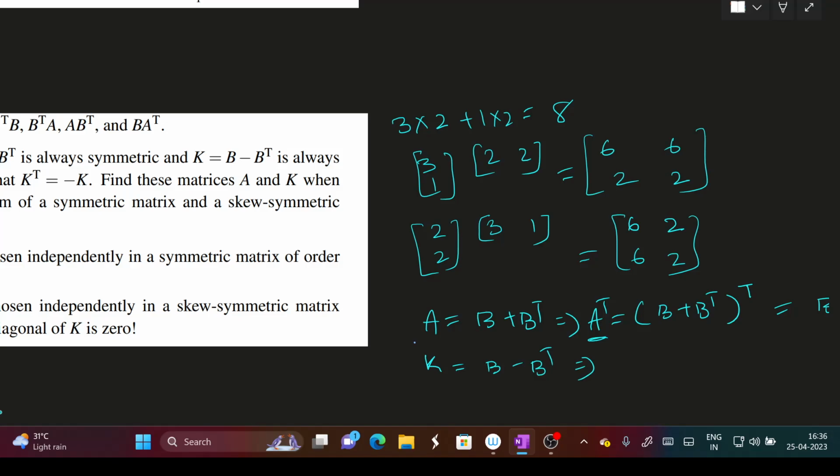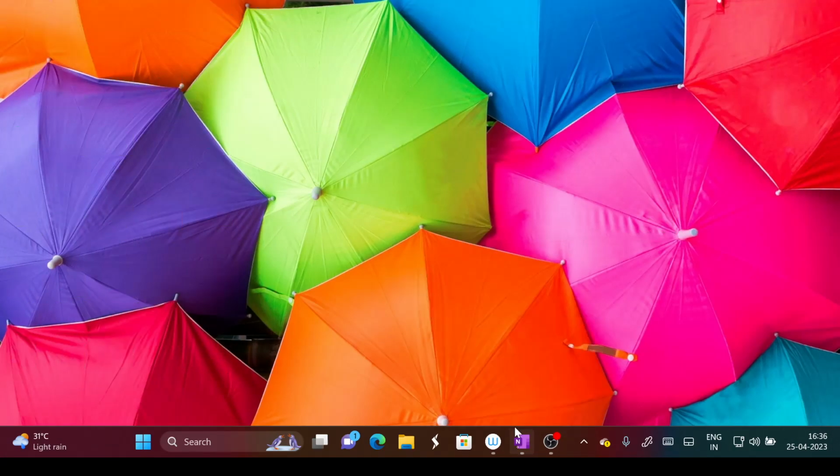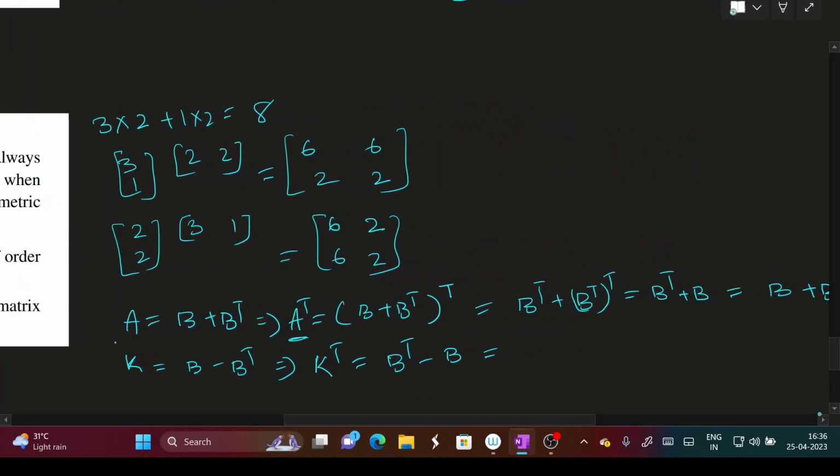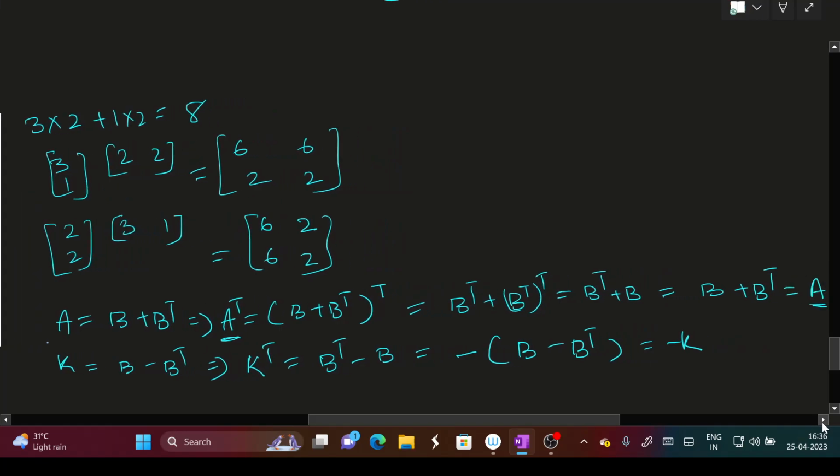That implies K transpose is equal to B transpose minus B. That is equal to minus of (B minus B transpose), that is equal to minus of K. So K transpose is equal to minus K, hence K is skew symmetric.